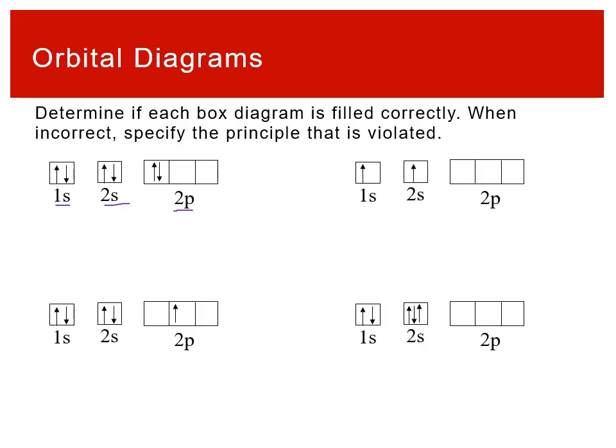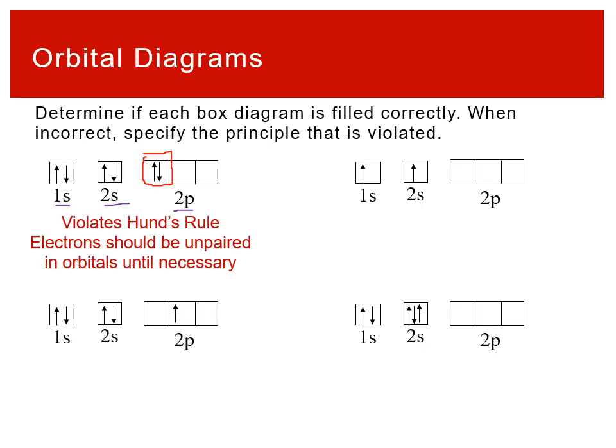And so the problem we can see right here is this. We have the 2p2, which is fine, but the problem is that those 2 shouldn't be paired until we need to. This violates Hund's rule, right? That when you add the second electron, it should go into the other orbital, not into the same orbital.